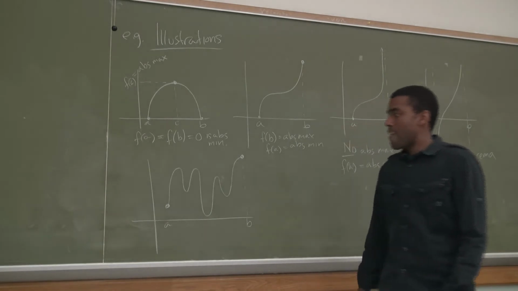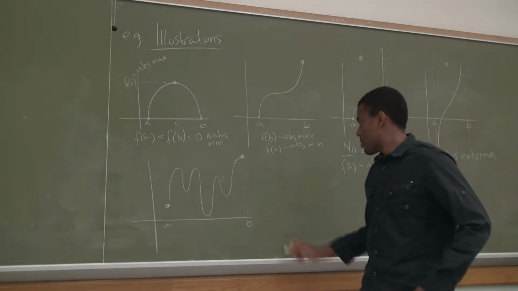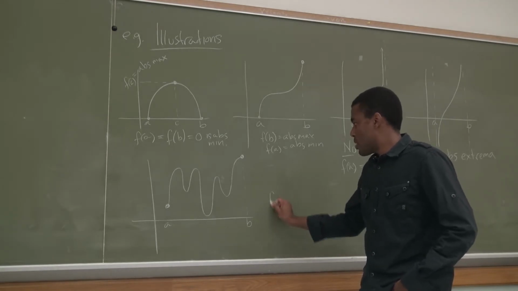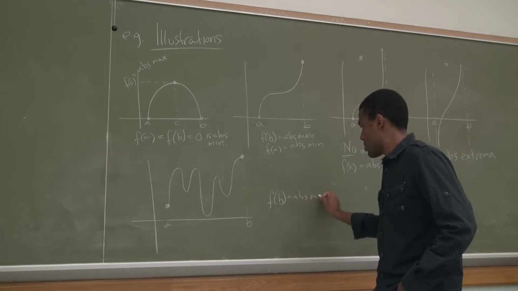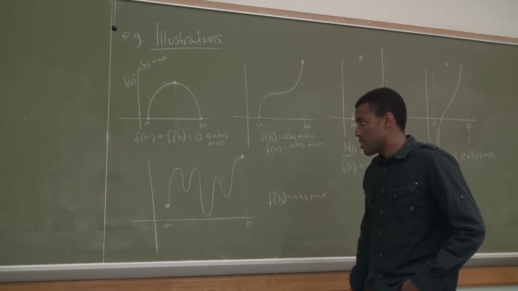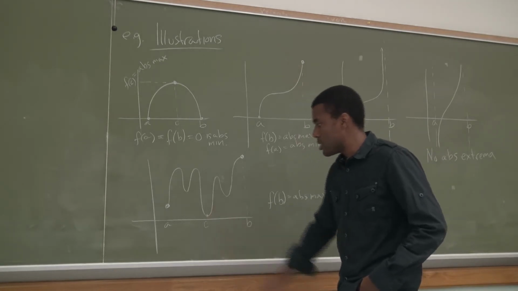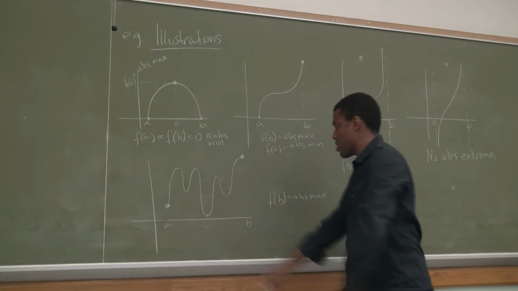What about this one? Between a and b. F of b is the absolute max. The absolute min is the lowest dip, right? We can call this c, happens here, right? That's the y value that's smaller than every other y value.